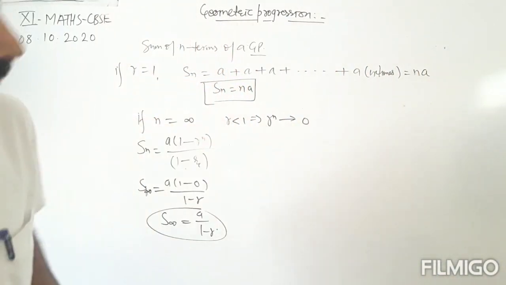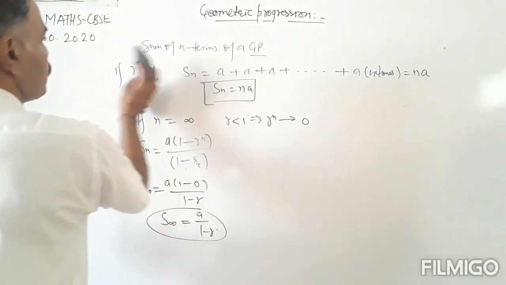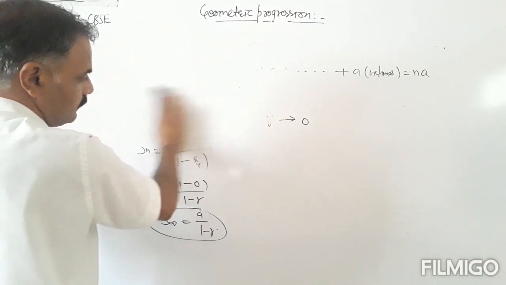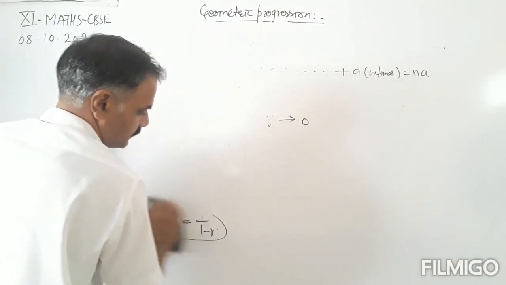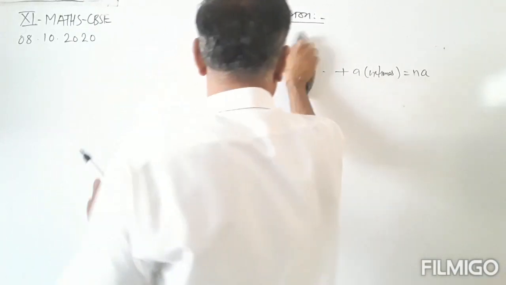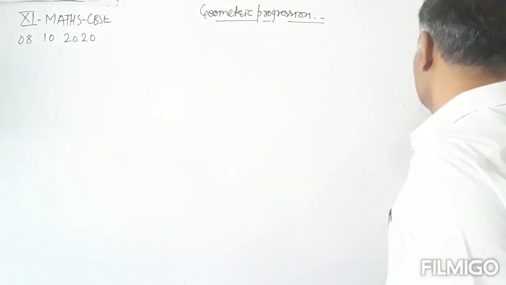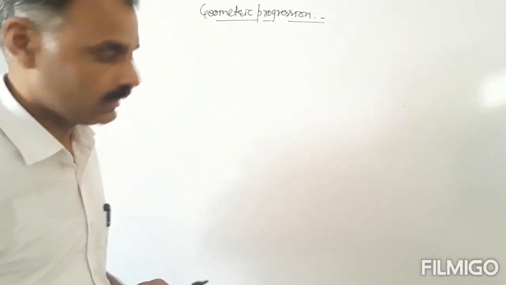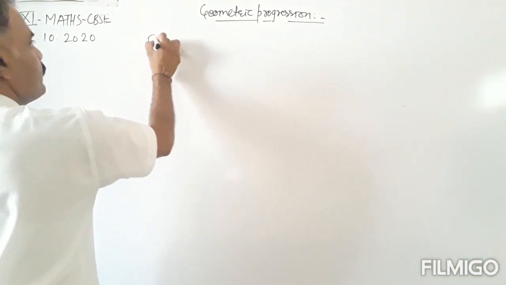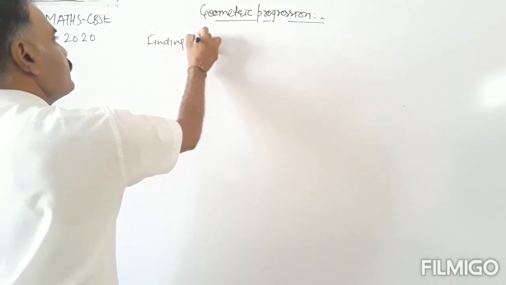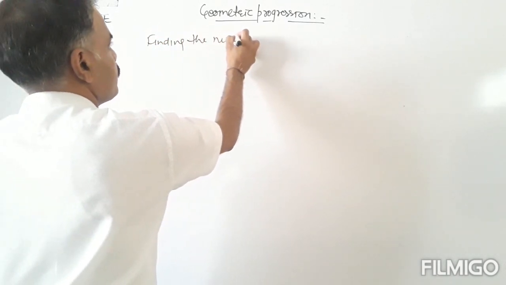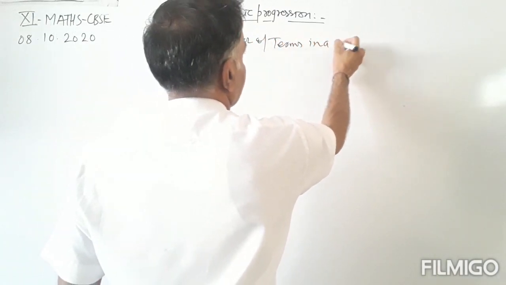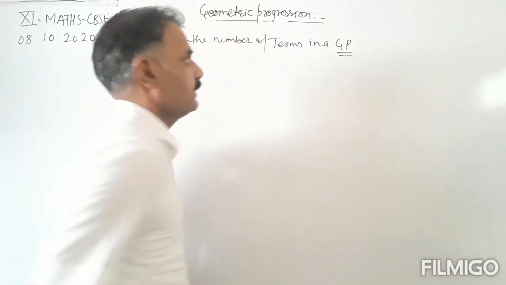Now we have another topic, to find a particular number of terms in a GP, geometric progression.